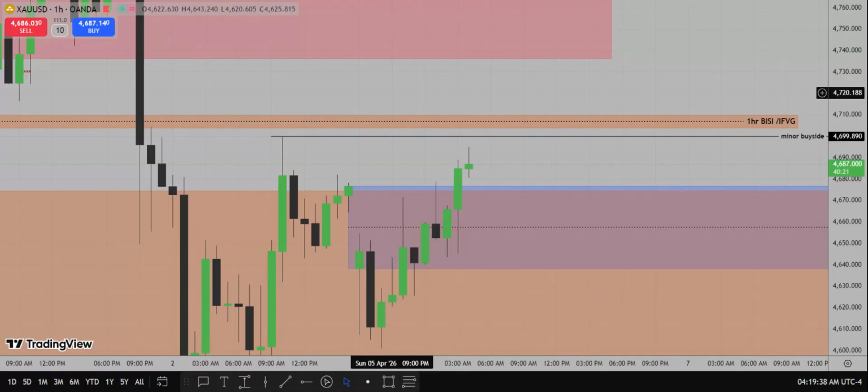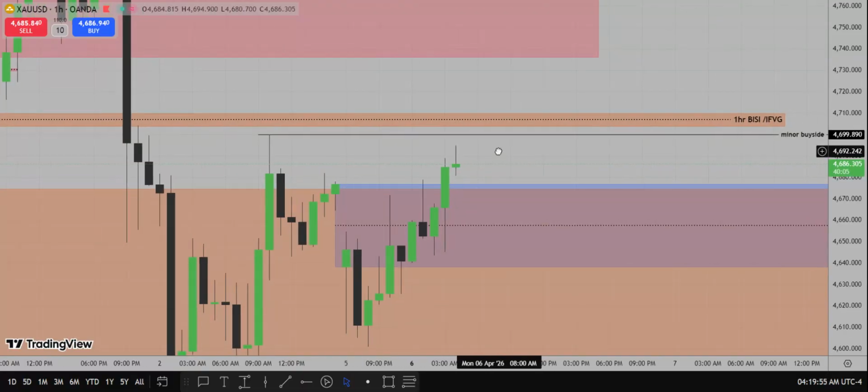Right now it is 11:19 a.m. in Nairobi time, but in New York time, it's 4:19 a.m. So that means we are in the London session, and we are actually at the roundup hours.